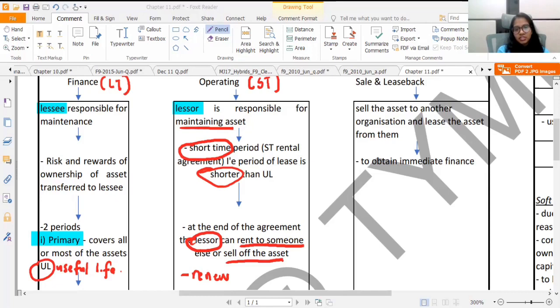What are the disadvantages? Number one, you used to be the owner of the asset, but now since you sold it to another person and you're just using it on a lease basis, you don't actually have ownership anymore. So you have lost ownership on an asset that for a significant period of time you were owning.